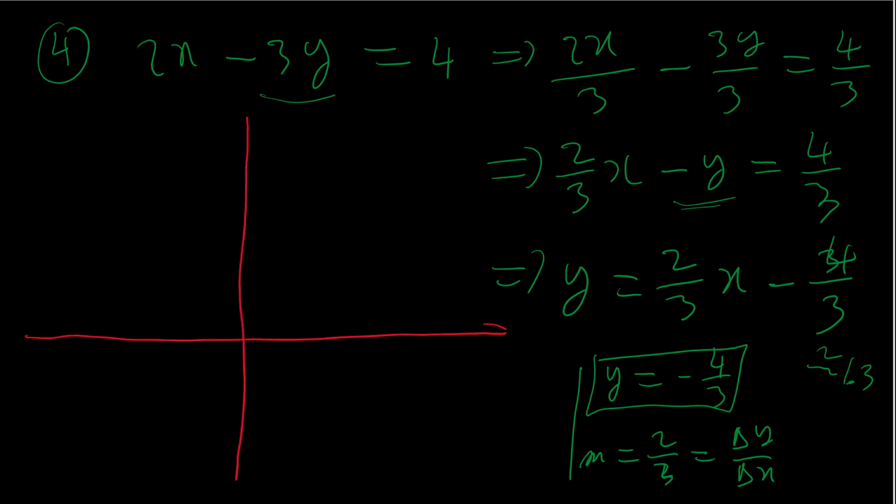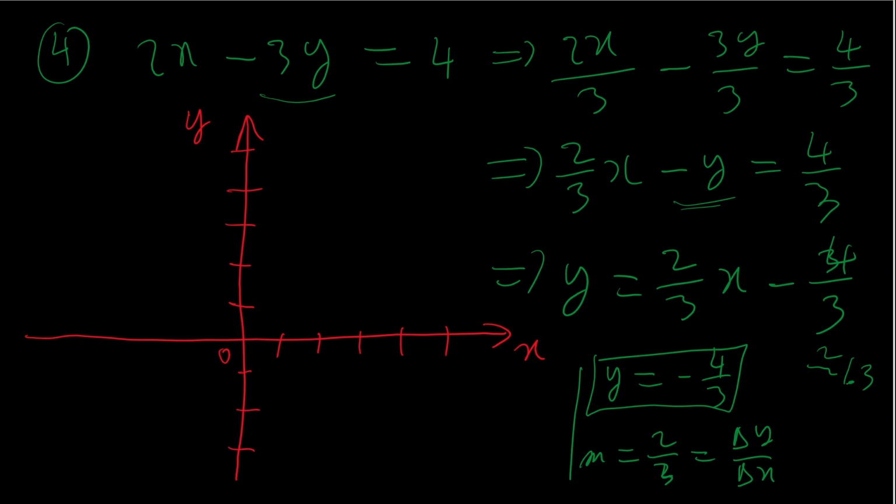Again, as usual, we just graph. This is the x-axis, this is the y-axis, right? This is x, this is y, and this is 0. It's approximate again, it's not exact. So the y-intercept negative 4 third is approximately 1.3.